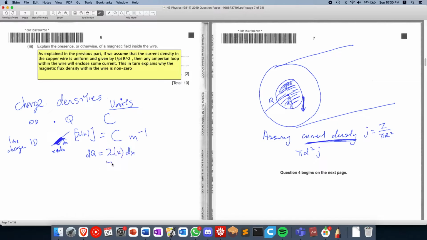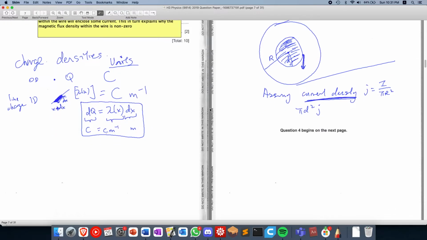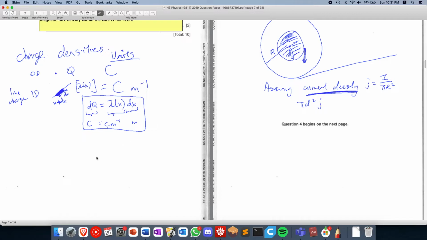If you consider the units, lambda is coulombs per meter, dx is meters because x is a length and d is unitless, and this is just coulombs. So coulombs equals coulombs per meter times meter. This is the expression that we obtain if we want to do something like an integral.